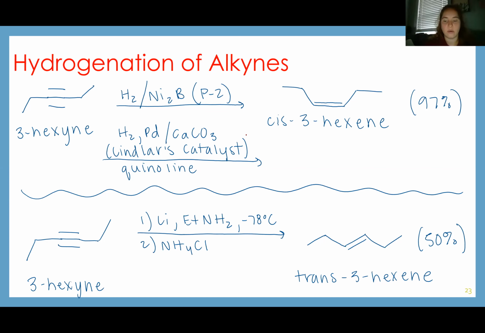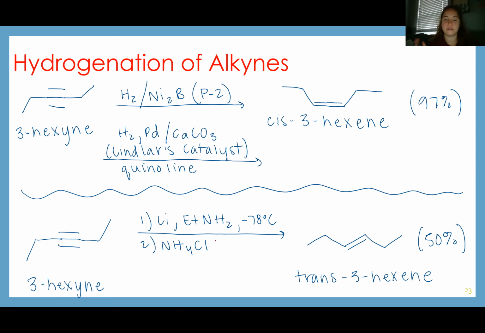And then we have a way to make a trans alkene, which uses lithium metal, ethylamine, negative 78 degrees. So this has to be done at a low temperature. Negative 78 is a temperature you'll see very often, and it sounds really random, but that's actually the temperature of an ice bath made from dry ice and acetone.